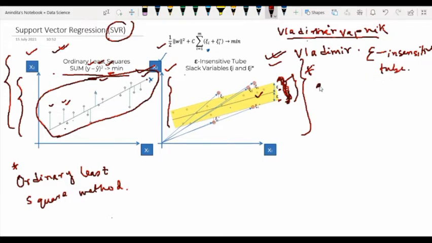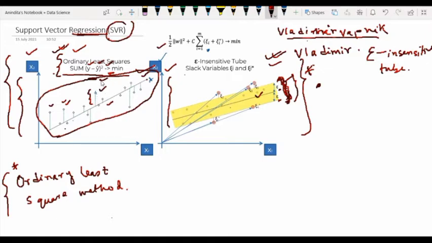The first point to remember whenever we talk about support vector regression is that we always start by comparing it with normal regression. Normal regression means linear regression, which uses the ordinary least square method formula, where we want to minimize the distance between the point and the regression line. The lesser the distance, the lesser the error.